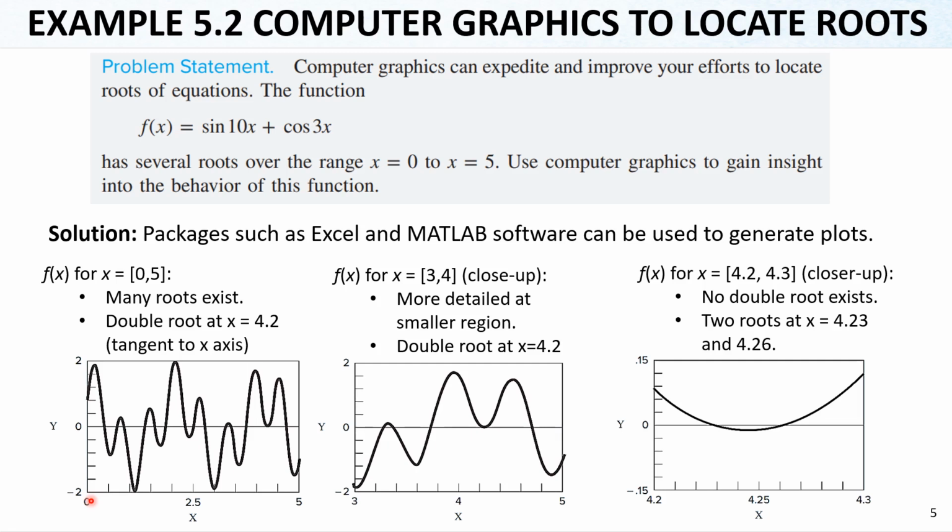What we need to do is we need to narrow down our range. For example, here we have a plot of the range between 3 and 5 instead of 0 and 5, so that we can get closer to see the roots, as you can see. So what we see here is a tangent, and we have a more detailed smaller region so that we can be sure about the position.